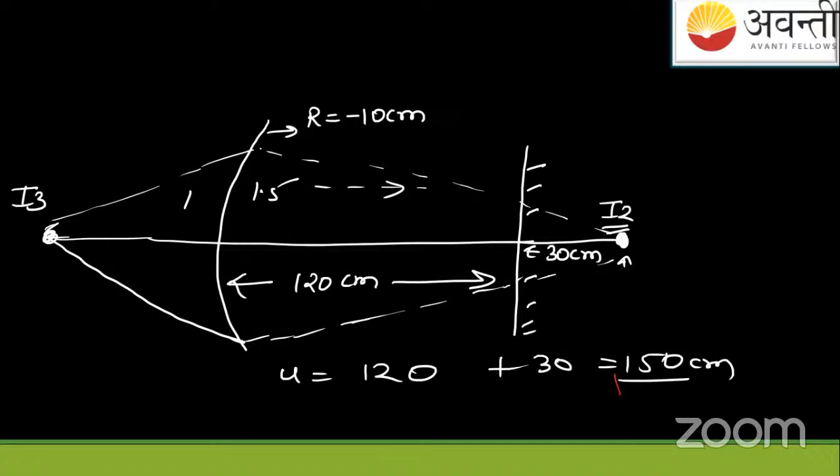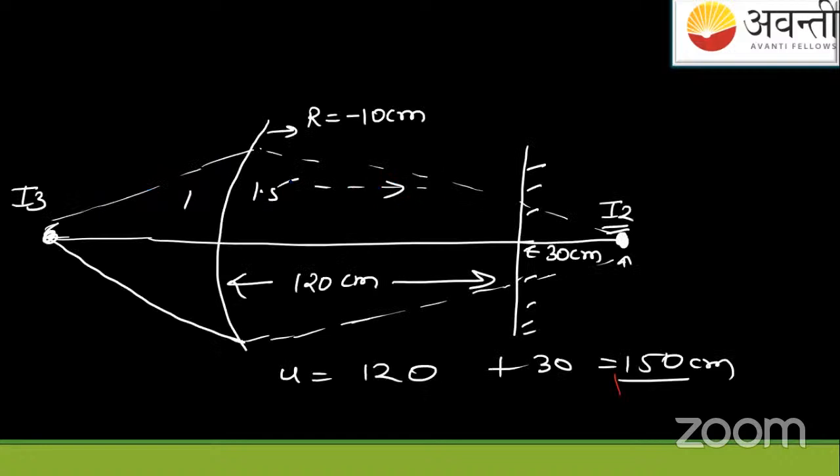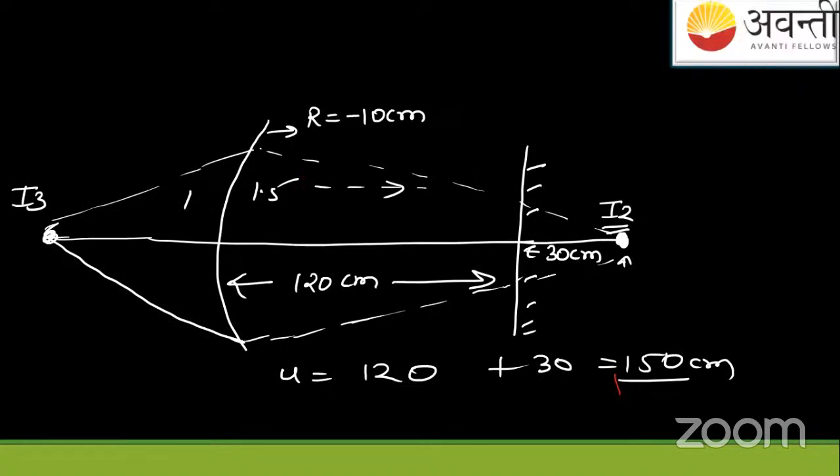Okay. Apply the formula. So you can see here, N2 minus N1 upon R equals N2 upon V minus N1 upon U. See students, you can see now the mediums are changed, by the way. If you focus here in the question, the mediums are basically changed here. How?